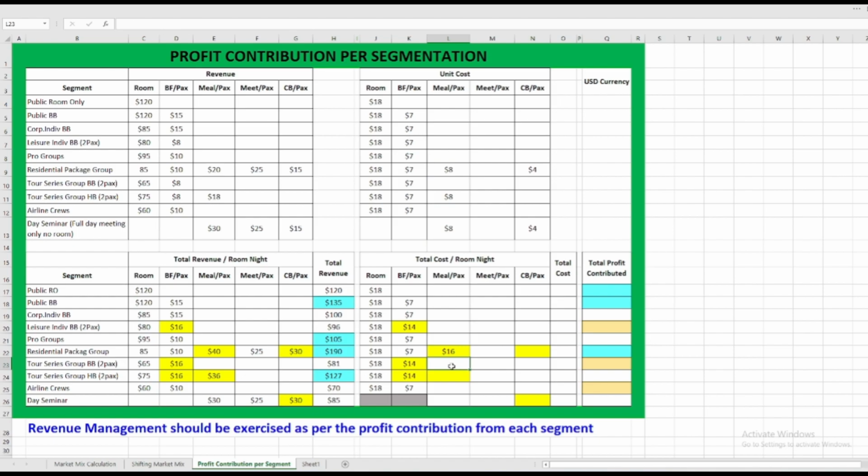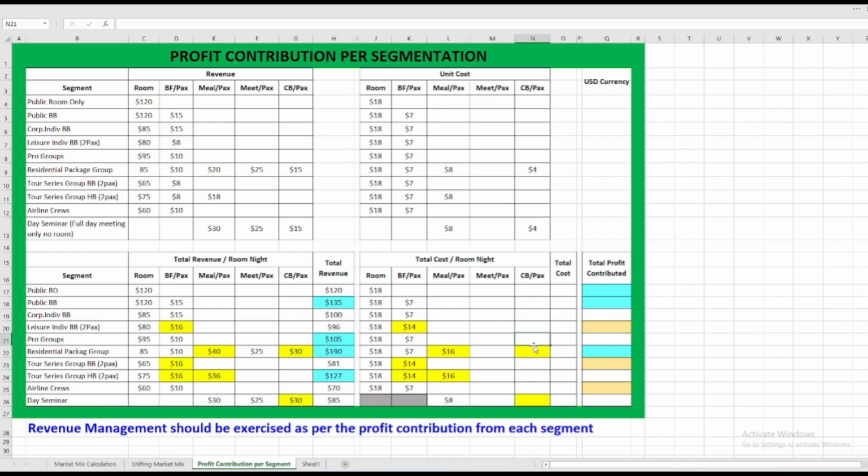Tour series bed and breakfast only, no other meal, and tour series half board, so including 1 meal for 2 persons, that means 8 times 2 persons is 16. Okay, day seminar meal per person is the same $8, calculated per person.